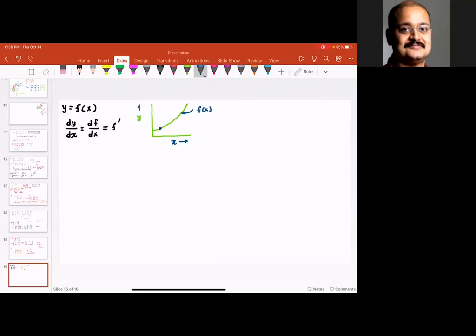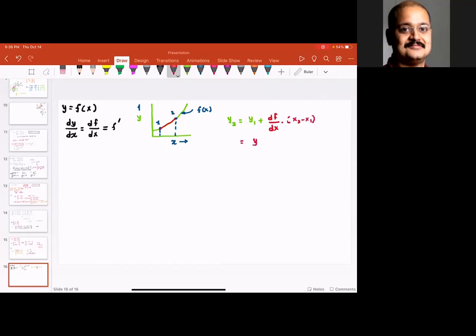If you are at point number 1 and you want to find the value at point number 2, y2 is equal to y1 plus, assuming for small distances that the path between 1 and 2 is a straight line, df by dx multiplied by x2 minus x1.